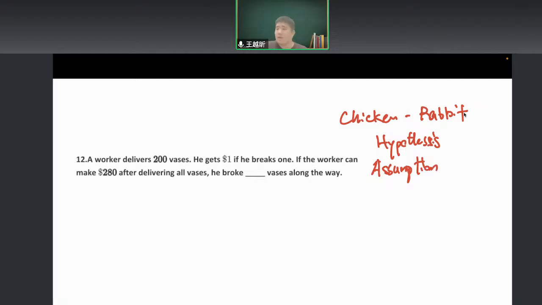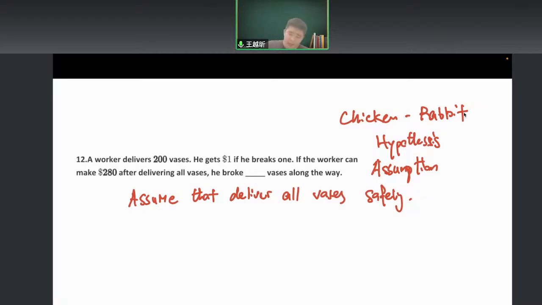What you do is you assume that he delivers all the vessels safely.